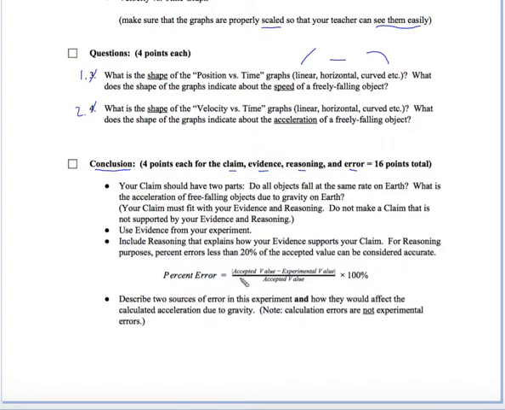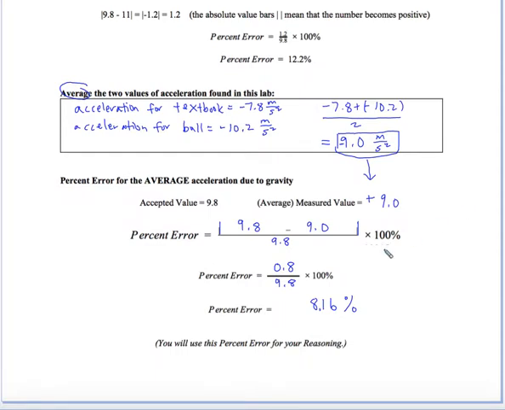So if your percent error is less than 20% of the accepted value, or less than 20% different from the accepted value, then we can consider that accurate. Meaning, for mine, this percent error is less than 20% different from the accepted value. 8% is less than 20%. So I'm verifying, yes, that is our accepted value.